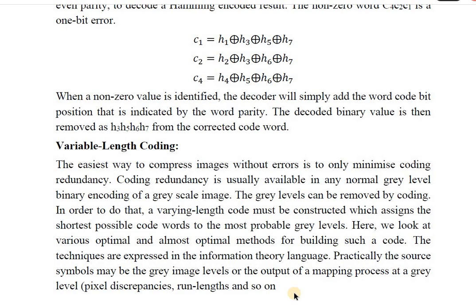Variable length coding is a means of reducing the coding redundancy. In variable length coding, again we assign codes, but we assign the shortest possible code to the most probable value. So as I told you, instead of having 8-bit into 40, now I will have 2-bit into 40.